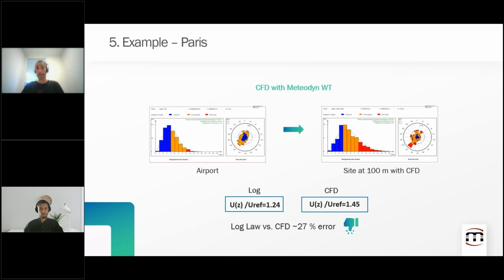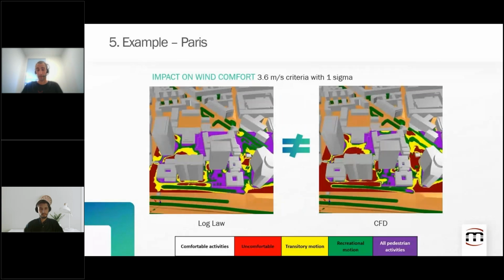Is it important or not for my purpose, to get the good classes for wind comfort? So let's see in my example in Paris. I represent my criteria, the French criteria of 3.6 meter per second threshold with 1 sigma for turbulence.